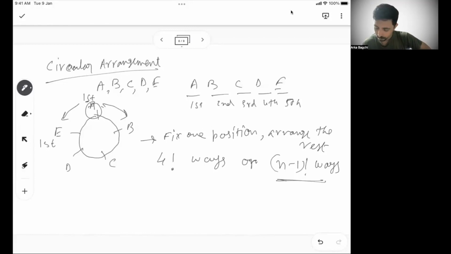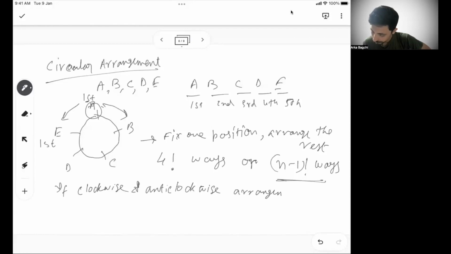The one condition is if clockwise and anti-clockwise arrangements are the same.